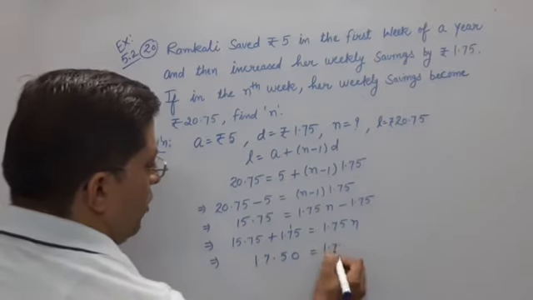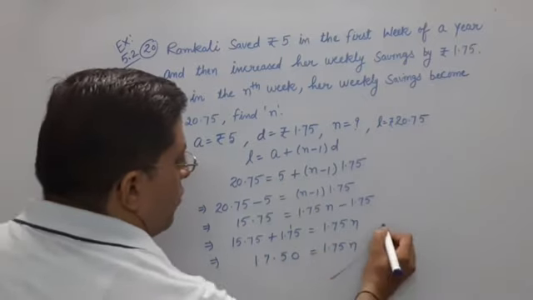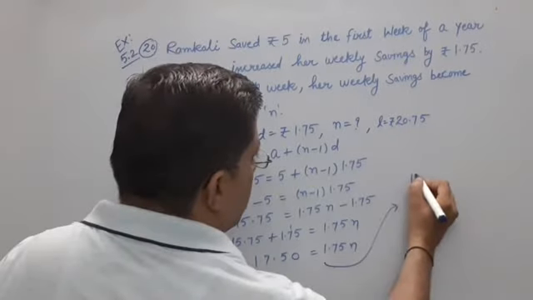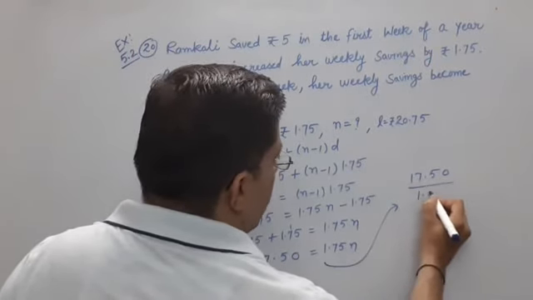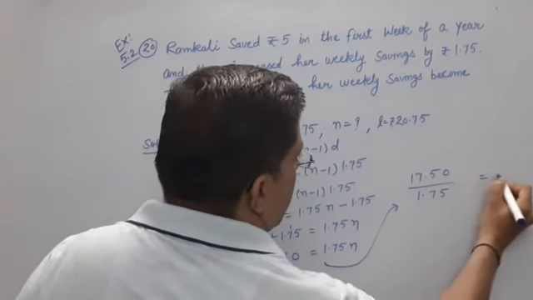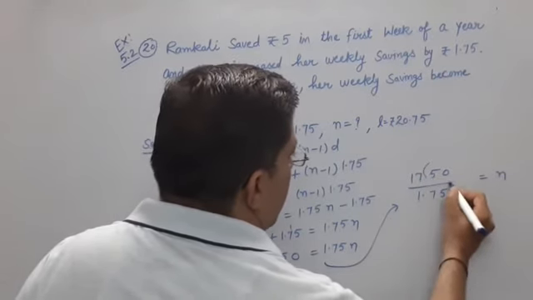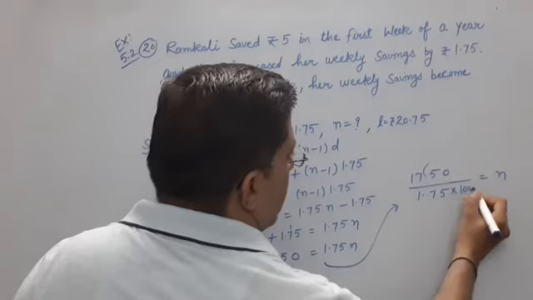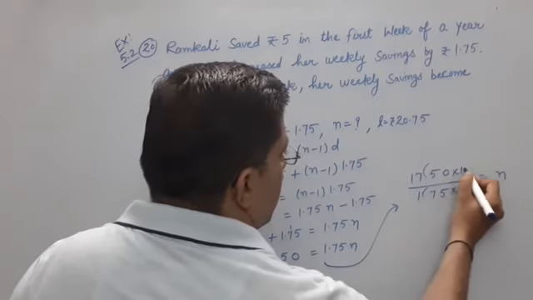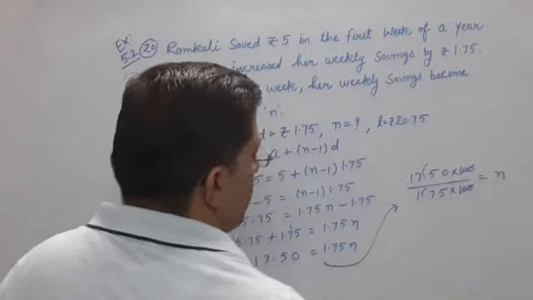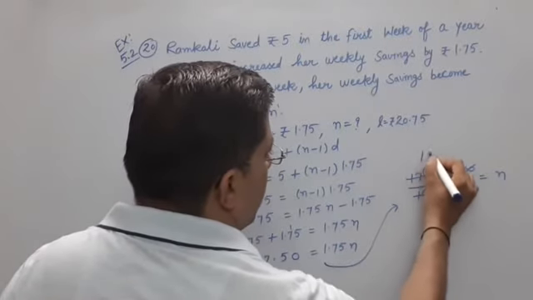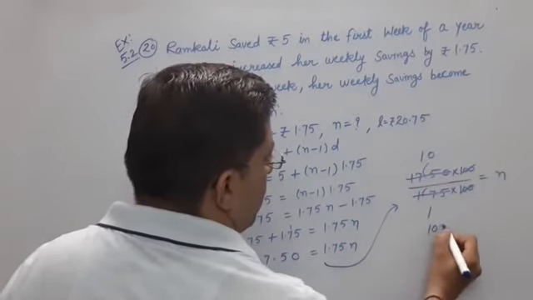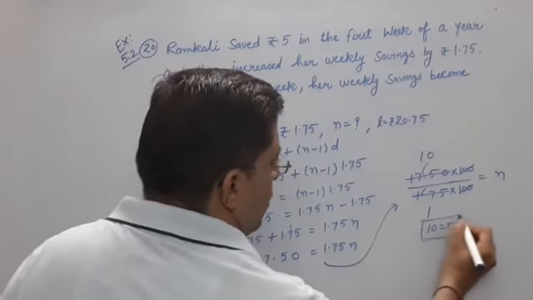This is 17.50. Now 17.50 upon 1.75 is equal to n. If I remove the decimals from numerator and denominator, multiplying by 100, it is 1750 upon 175. 175 times 10 is 1750. So n is equal to 10.